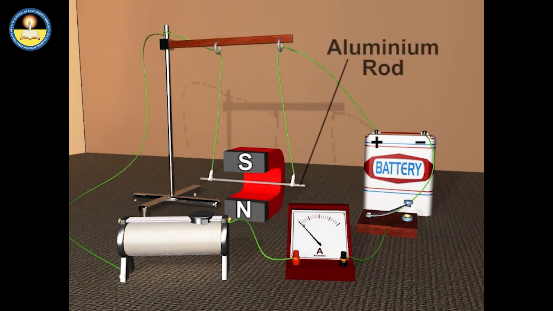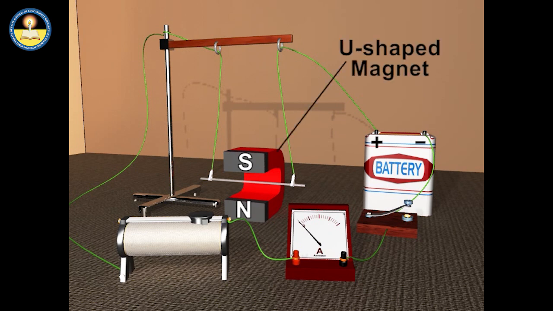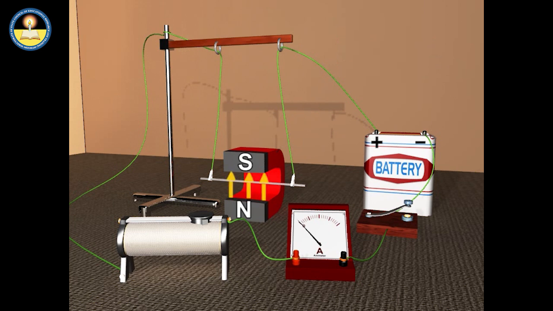Take a small aluminium rod and connect it in series to a battery, a key, an ammeter and a rheostat. Suspend it horizontally and place a U-shaped magnet vertically so that the magnetic field remains directly upwards. It can be seen that when the current is allowed to pass through the rod, it gets displaced.